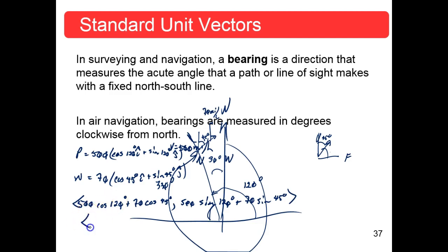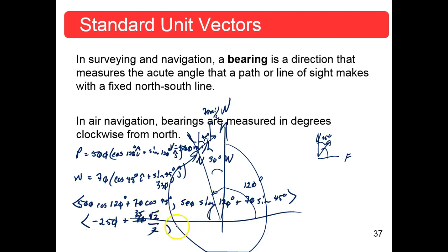So this will be negative 250. 1/2 of 500 is 250, and 70 times the cosine of 45 is positive. That would be 70 times root 2 over 2, so that would be 35 root 2. That's going to be your i component.